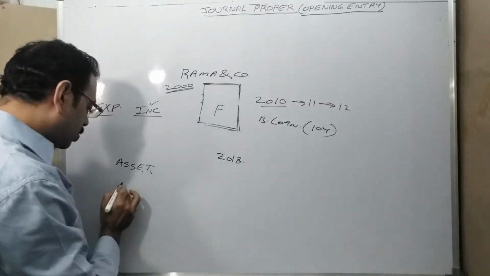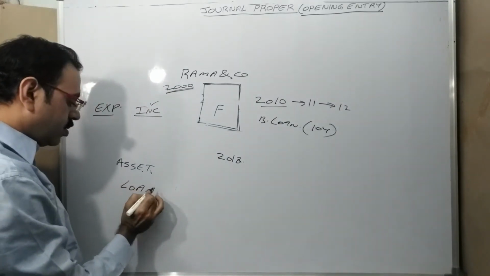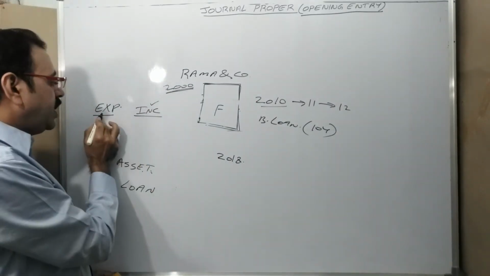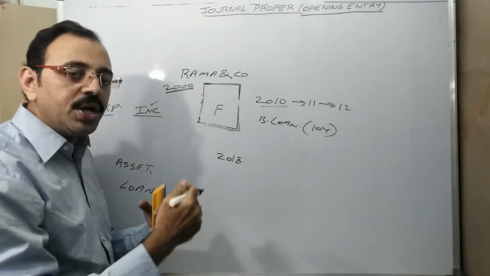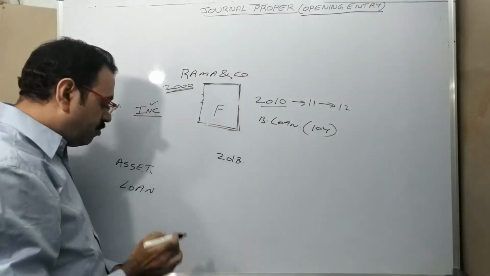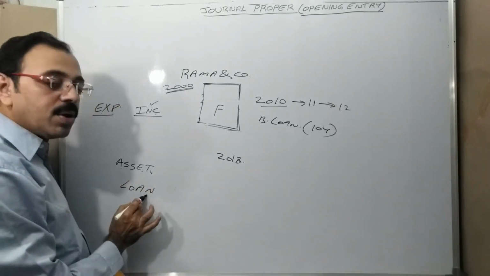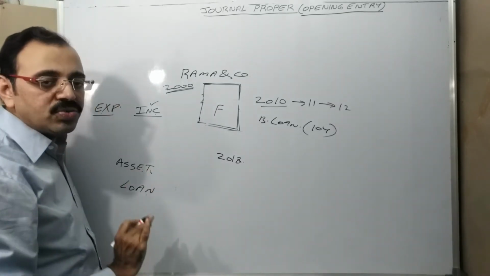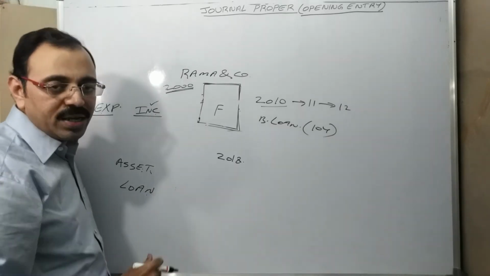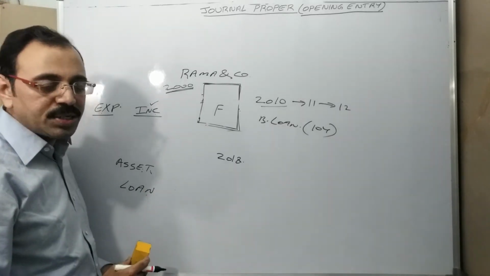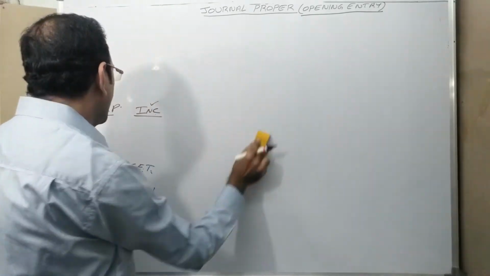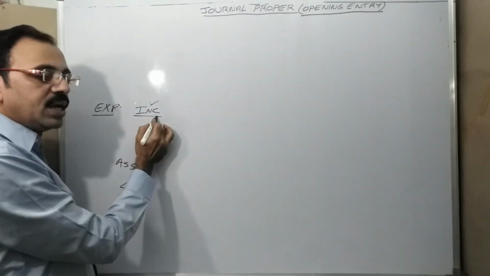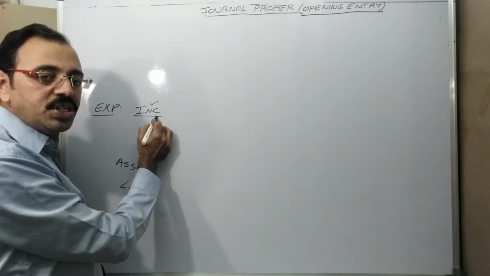Clear? So, expenses, incomes, we should not transfer from 1 year to another year, but assets and liabilities we should transfer from 1 year to another year. Be clear with this point. Now, expenses, incomes, they come under which account?